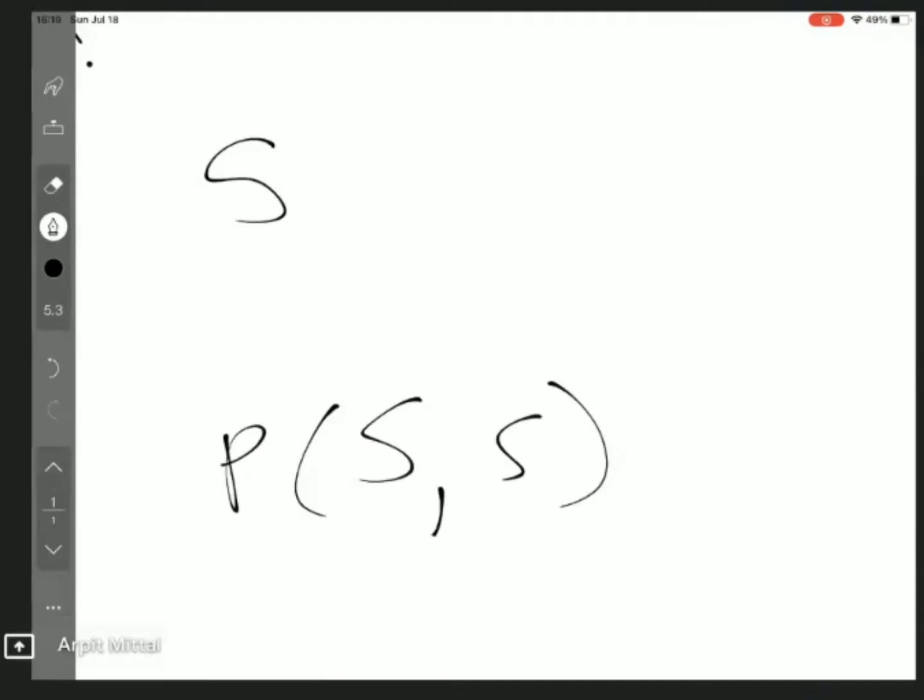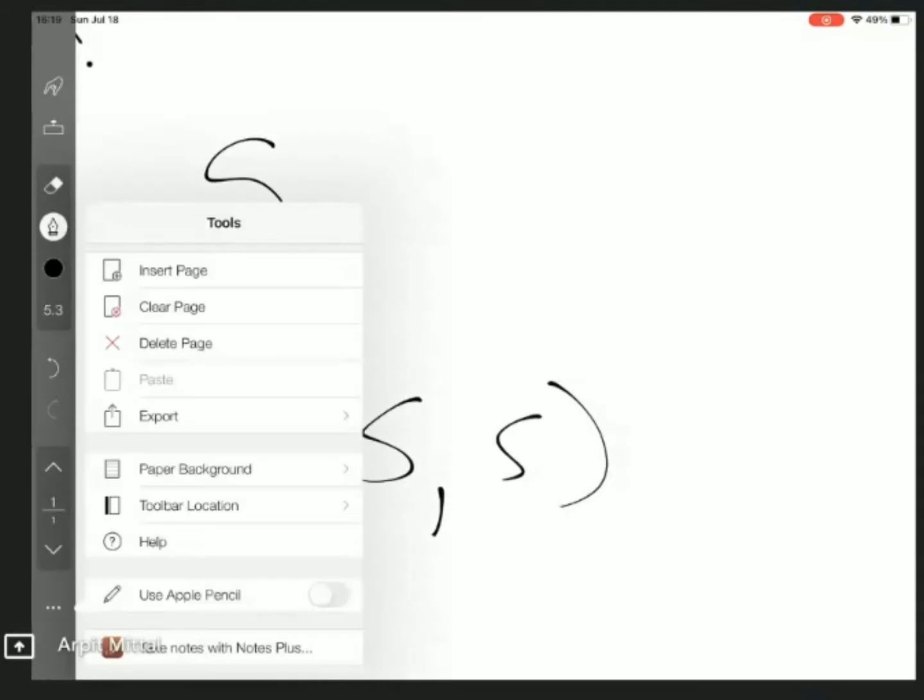Okay, so now we can actually write the general form of a permutation using factorials. Let's say we have n people in a group, and then we need to select r of them. First we have n ways to select the first person out of the r people.